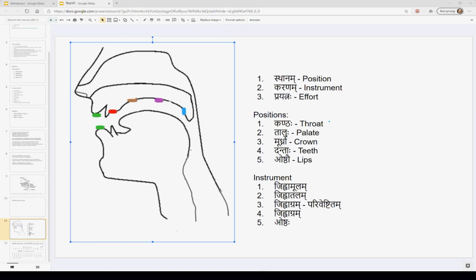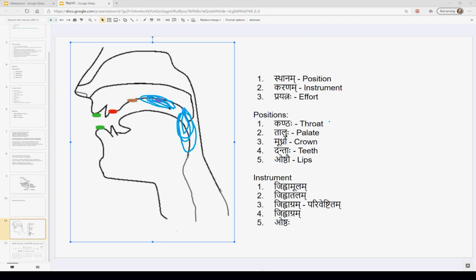And talu is palate. Now this talu is again different from murdha. These are areas, and we should not take them as one point in the mouth. We should take the area. So when we say throat, it is this area, a little bit here, and then talu, this area.